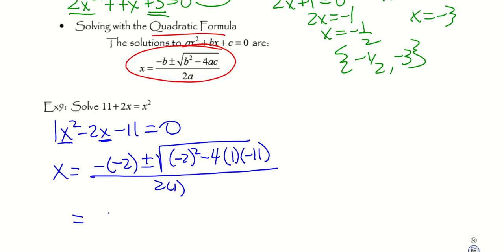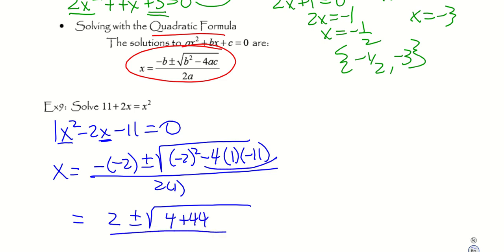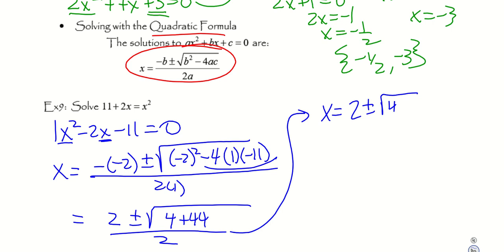I simplify that and I get positive 2 plus or minus the square root. This is 4, and these multiplied are plus 44, and that is all over 2. So I have x equals 2 plus or minus the square root of 48 all over 2.